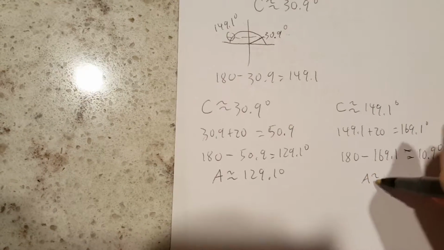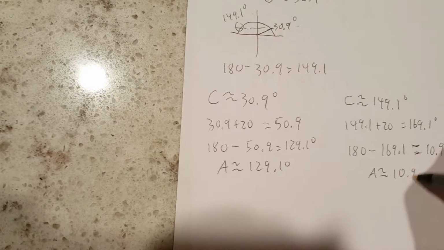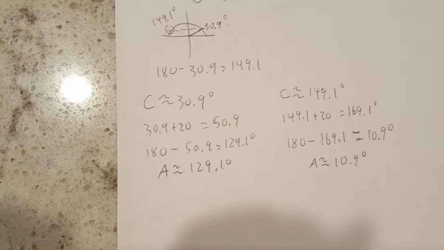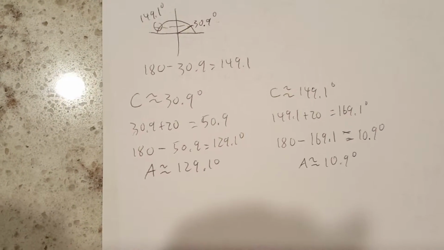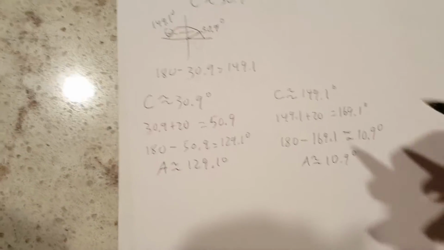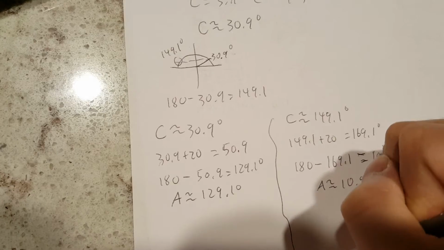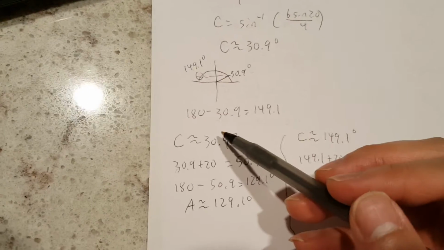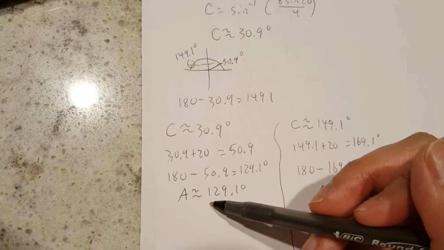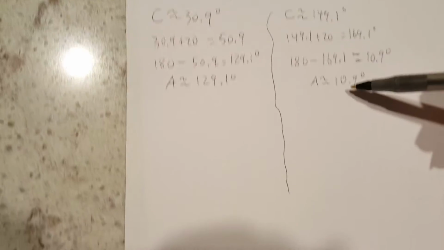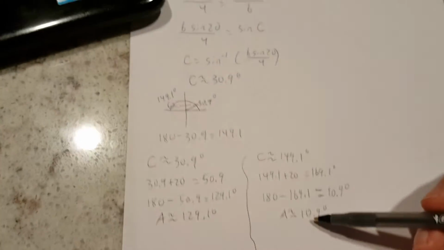So A is approximately 10.9 degrees. Okay? So here are our 2 solutions. Okay? So we can have where C is 30.9 and A is 129.1, or we can have C is 149.1 and A is 10.9. In each of these cases, we still have to find little a.